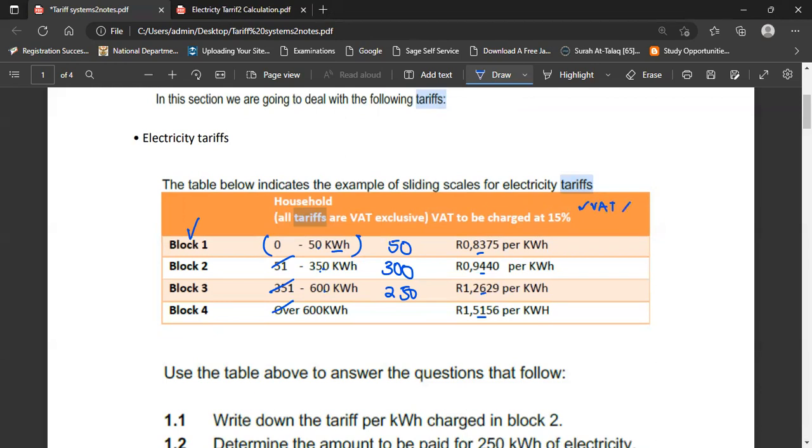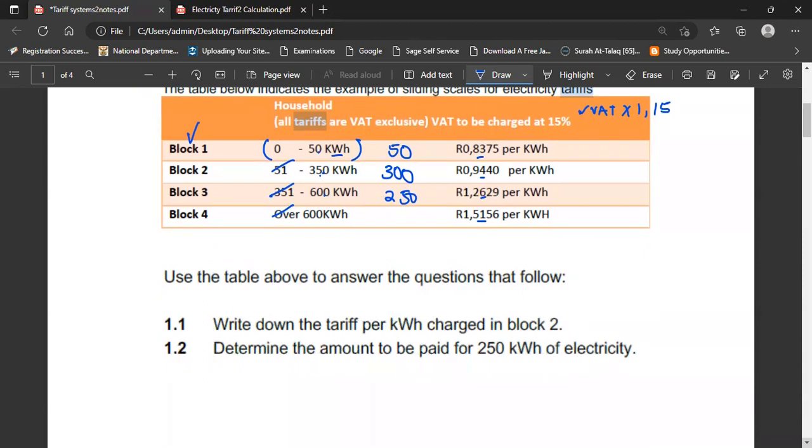Including VAT, we always multiply by 1,15. When we are excluding, we divide. In this scenario, we need to include, because the prices do not have VAT and your final answer should have VAT.